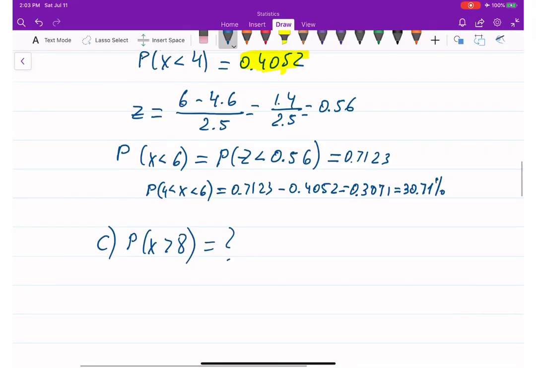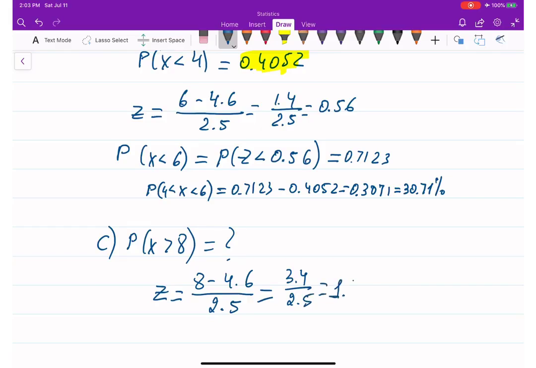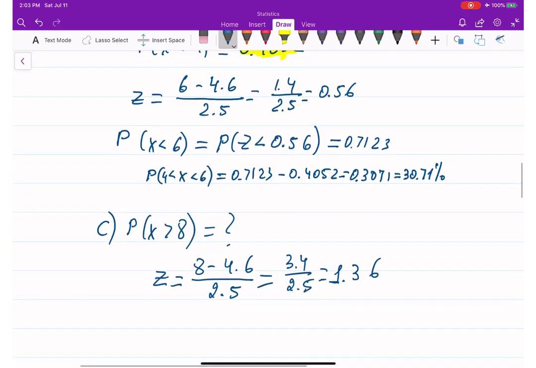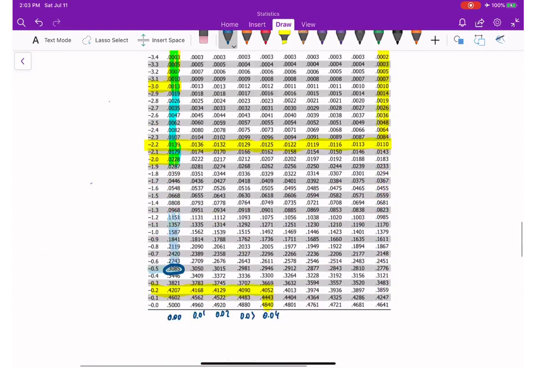So the z-score is equal to 8 minus 4.6 over 2.5, which is equal to 8 minus 4.6 is 3.4, divided by 2.5, is equal to 1.36. Again, positive. Okay, so we are moving to the positive table, 1.36.